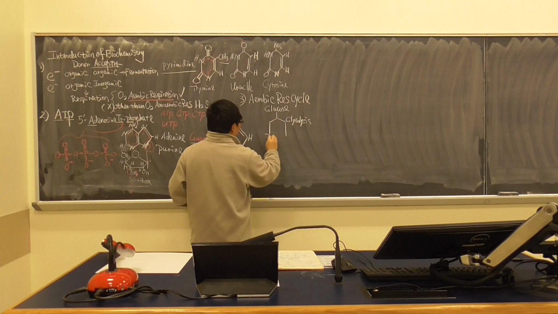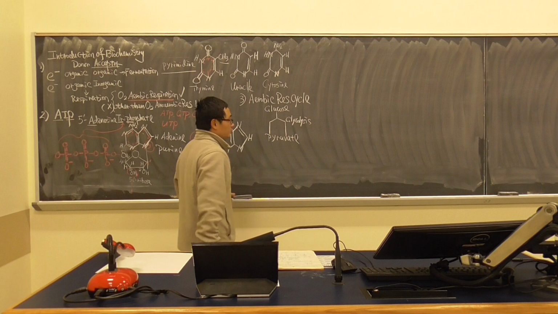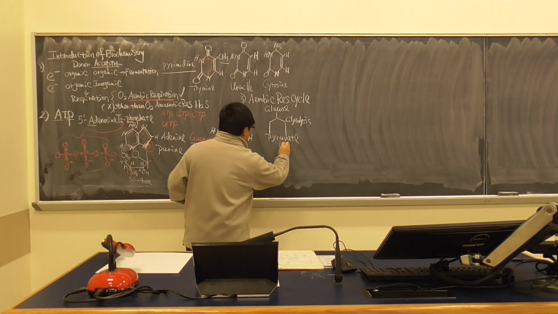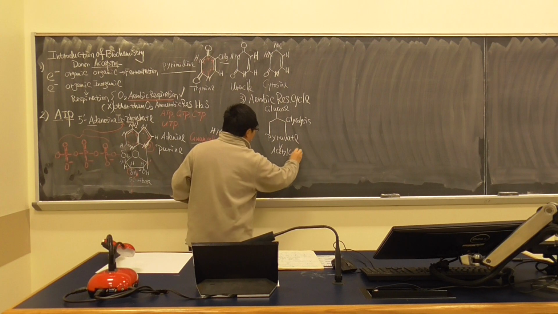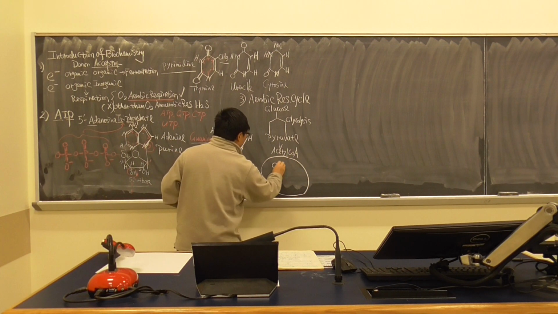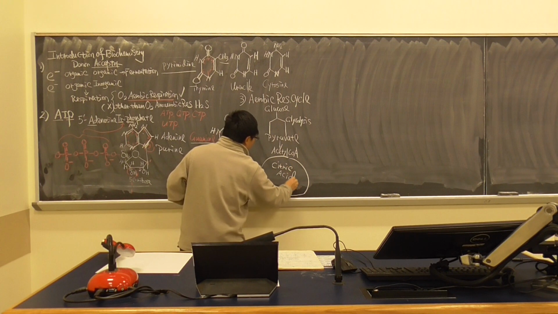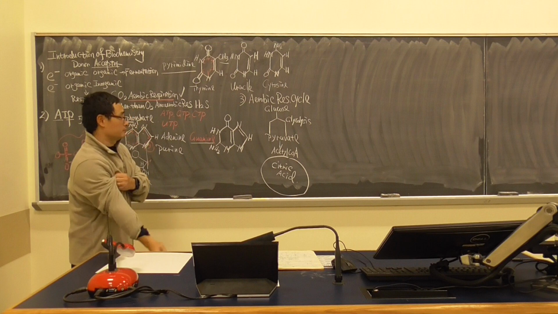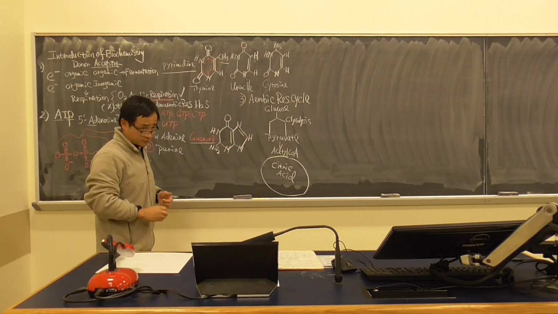Generally the product is pyruvate. And the pyruvate goes through a transition step, becomes acetyl coenzyme A, and then goes through this big cycle called the citric acid cycle, or Krebs cycle, or carboxylic acid cycle. And this will generate tons of ATPs.